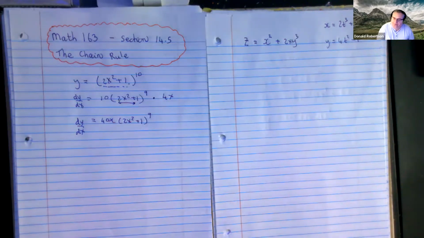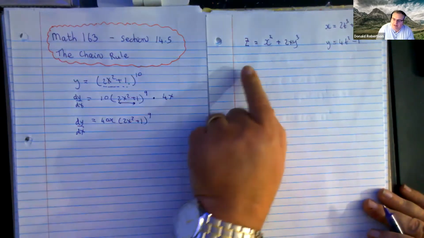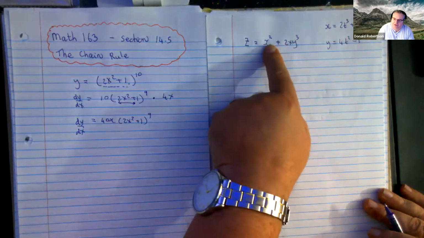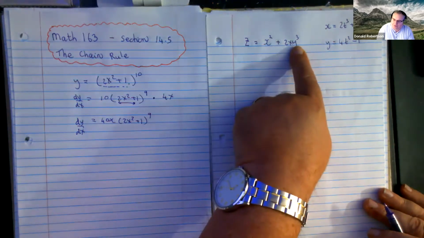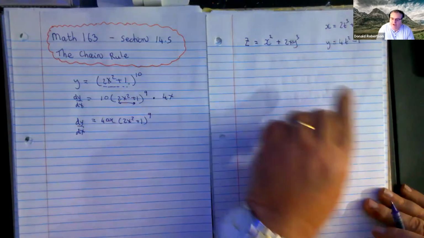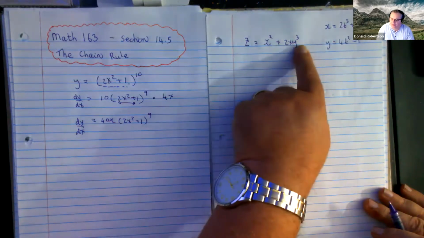Let's say t. So technically, if I took x and placed 2t cubed plus 1 for the x's, and y 4t squared plus 1, I'm not going to do it, but if we did that, wouldn't z just be a function of t?